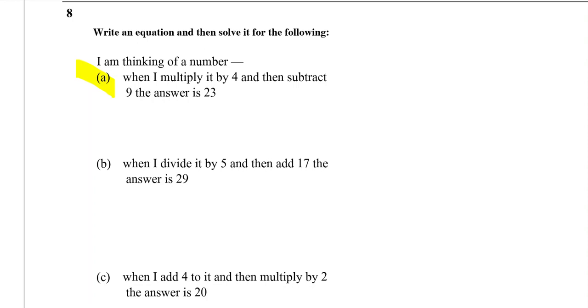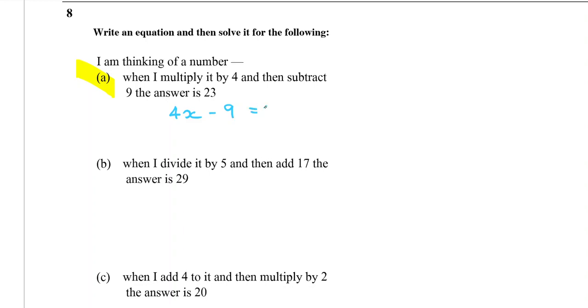So X is multiplied by 4. How do we do that? 4x. Good. So let's start with that. We're multiplying it by 4. Next part says, and then subtract 9. So that means minus 9. The answer is, when it says answer, that means your equal sign, equals 23.